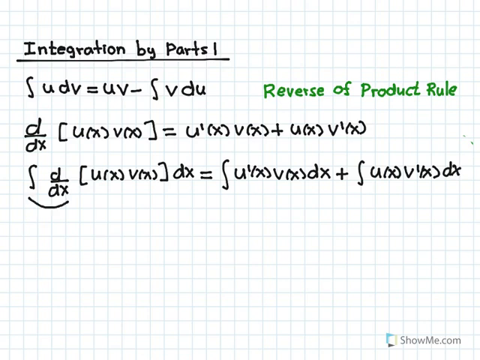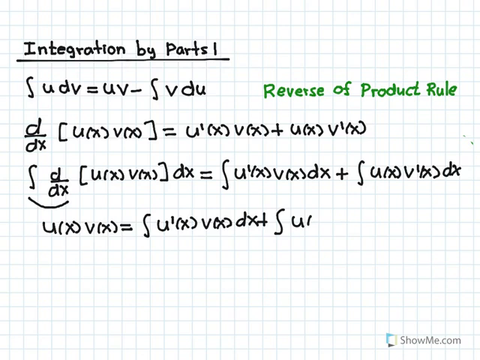Now integral cancels derivatives. So on the left hand side, we just get u of x times v of x. That's equal to integral u prime of x, v of x dx, plus integral u of x, v prime of x, dx.